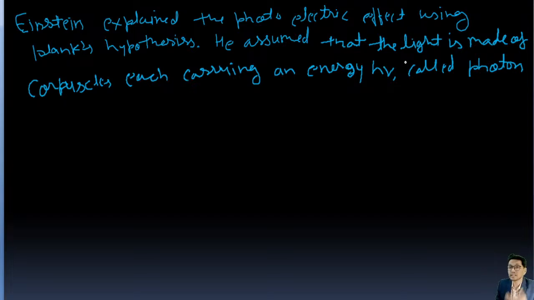So Einstein says any light is made of photons, and each photon's energy is h nu.